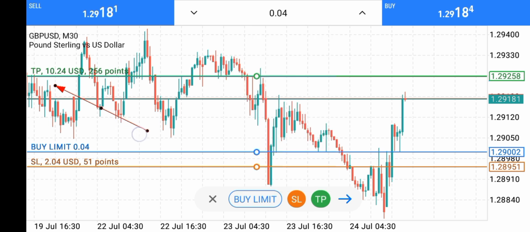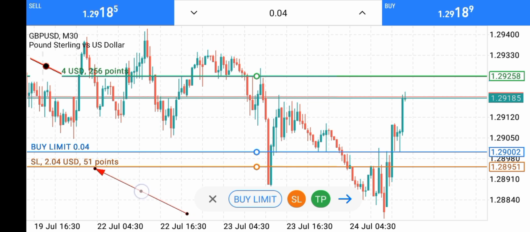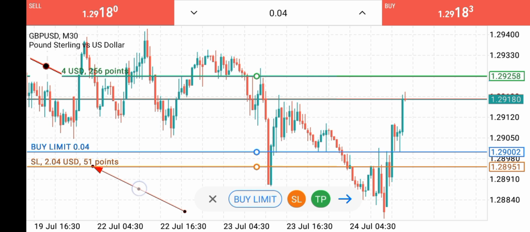As you can see right here, this point is indicating the amount of pips. So this is 51 pips right here. This is a 51 pips stop loss. Your stop loss is simply 51 pips.